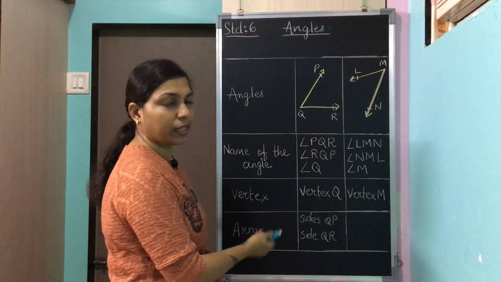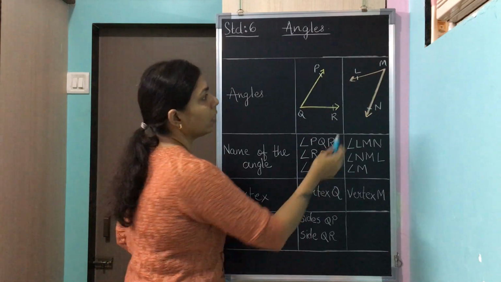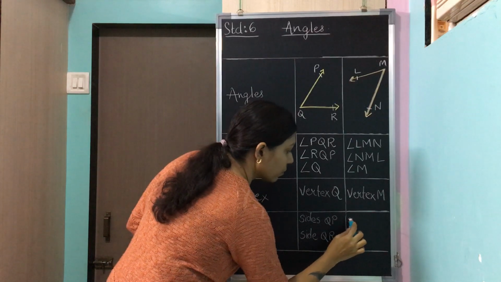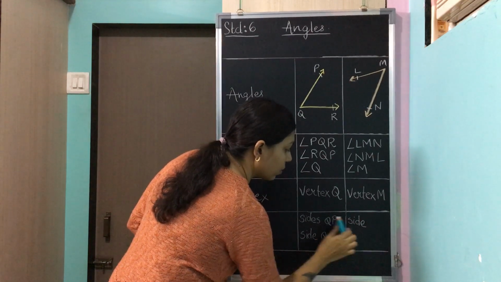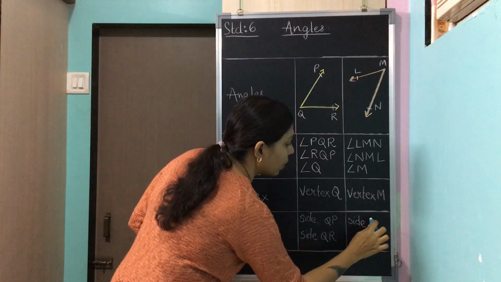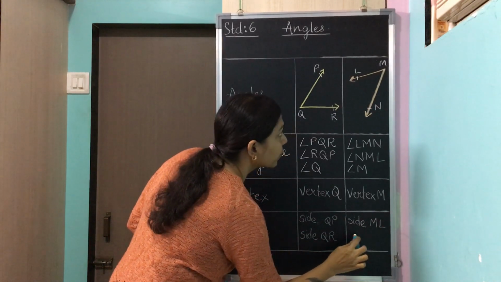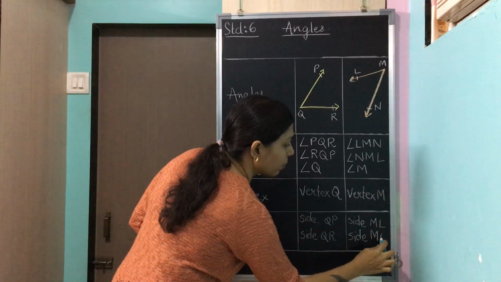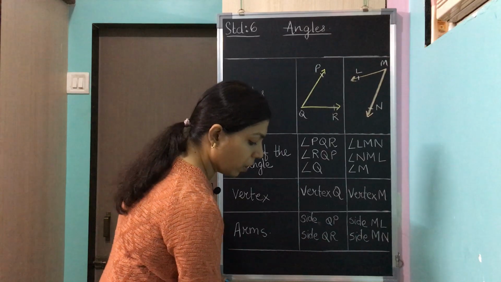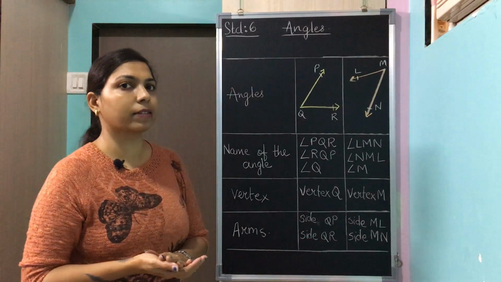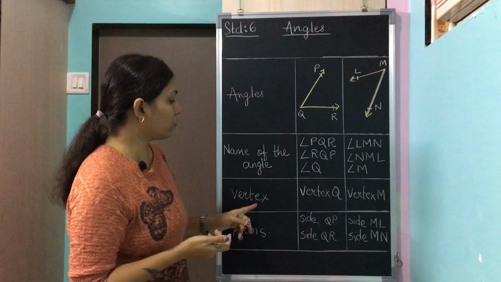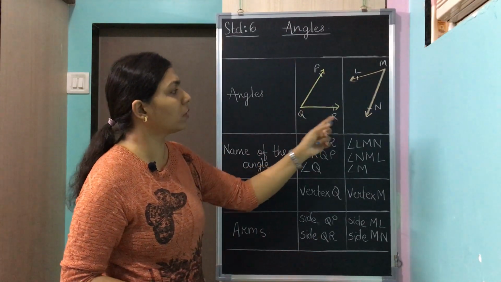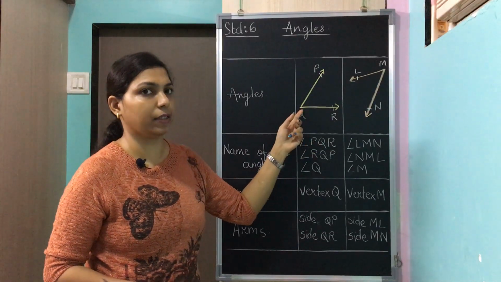And finally, which are the two sides of this angle? You have side ML and side MN. Please remember your angles are made up of your vertex and your arms, two arms which are connected to each other at the vertex.